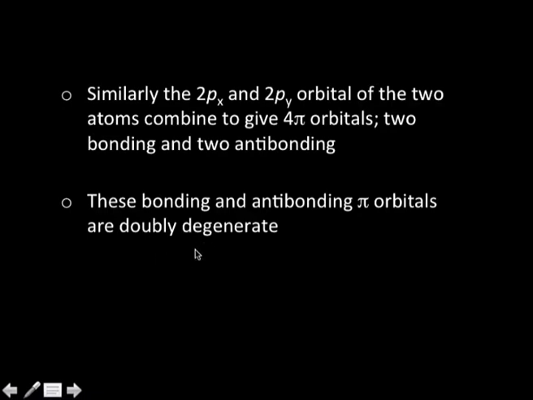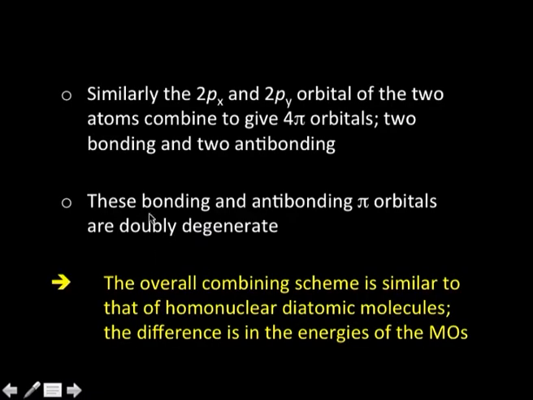That we all know. If you look at what I just mentioned, you find that the overall combining scheme of nitrogen and oxygen is similar to what we had in case of homonuclear diatomic molecules. The only difference lies in terms of the energies of the molecular orbitals, and of course, even the atomic orbitals as well. Let us see how this translates into a molecular orbital energy level diagram.